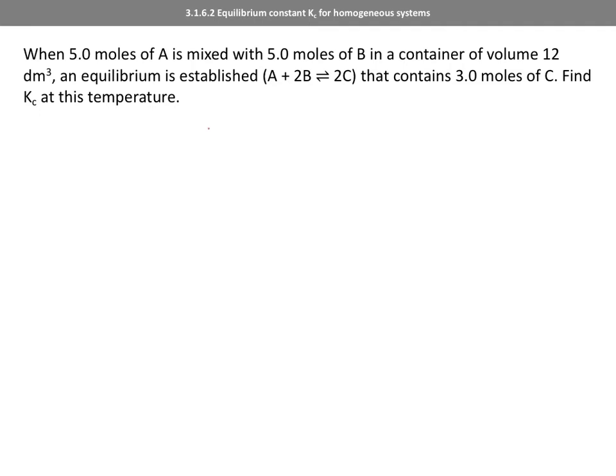So our equilibrium expression for this question is the concentration of C squared, over the concentration of A times the concentration of B squared. And we knew that A was 0.292, this is from the previous slide.